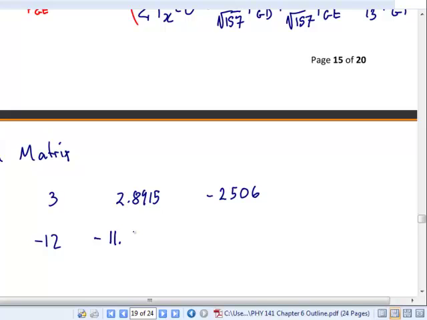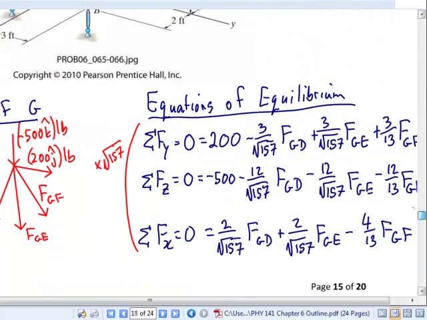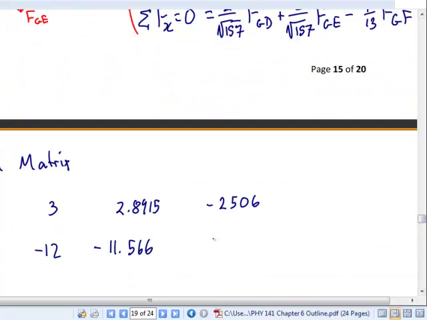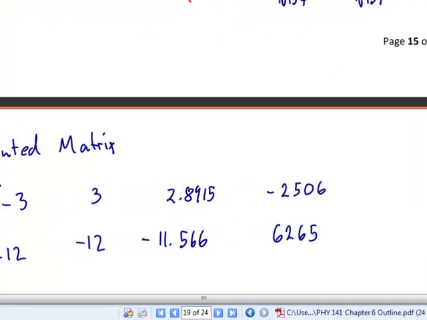Negative 11.566. Anybody else with that? Okay. And then we have 500 times root 157. 6265.